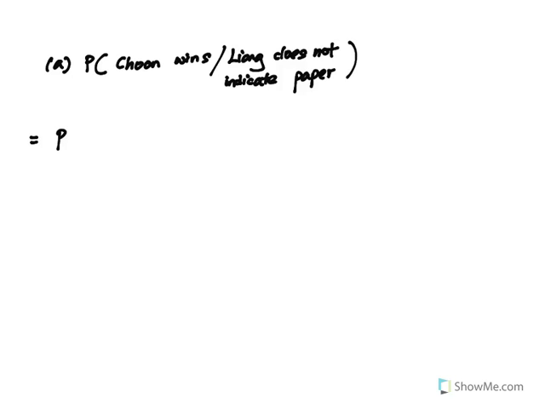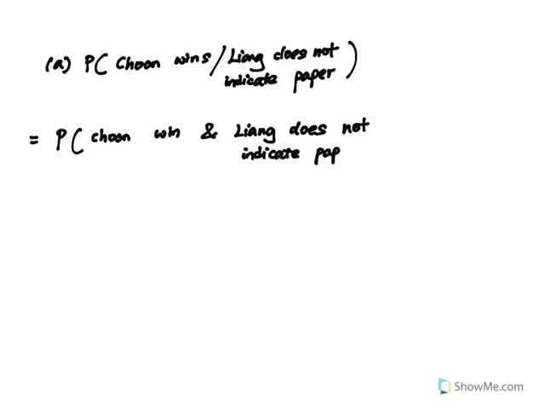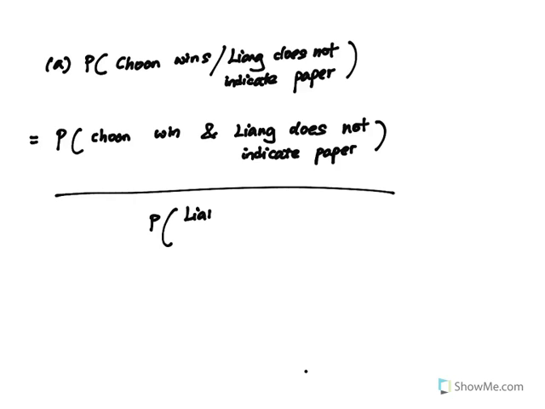This is just the probability of Chun Chun winning and Liang Liang not indicating paper, over the probability that Liang Liang does not indicate paper. So what is the probability here that Liang Liang does not indicate paper?